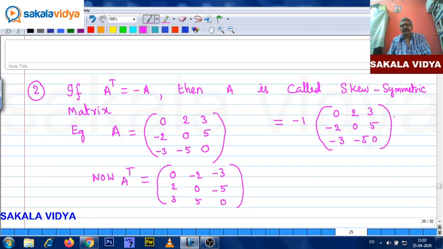Again this is nothing but A, minus 1 into A, that is minus A. That is why it is one of the examples for the skew symmetric matrix. Okay, understood now?